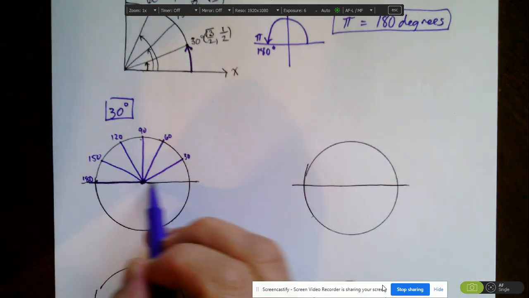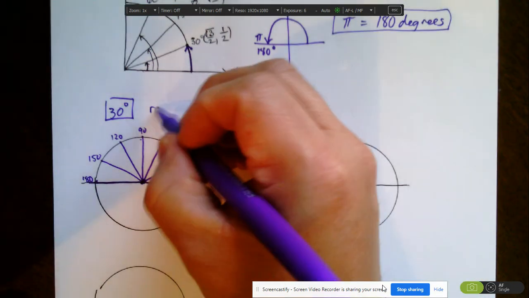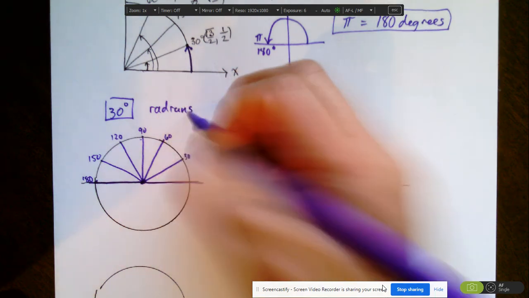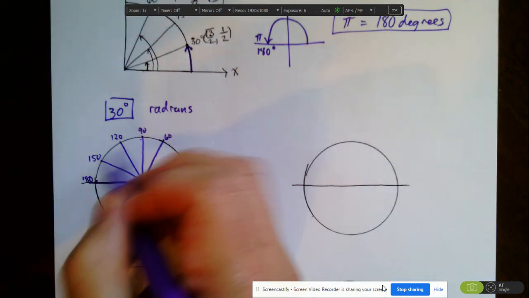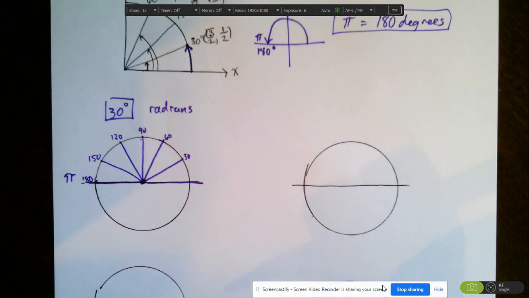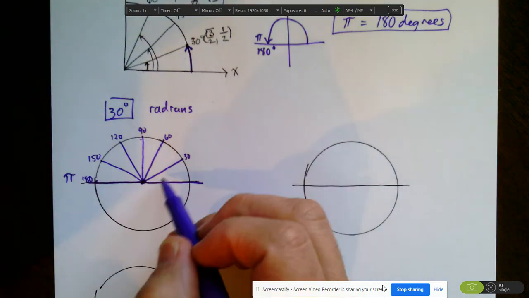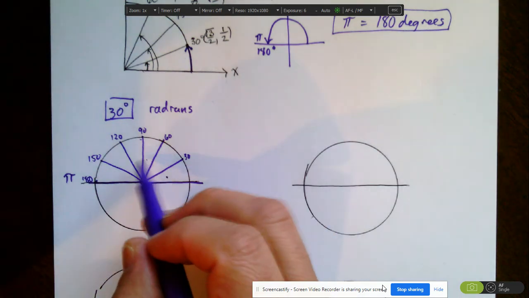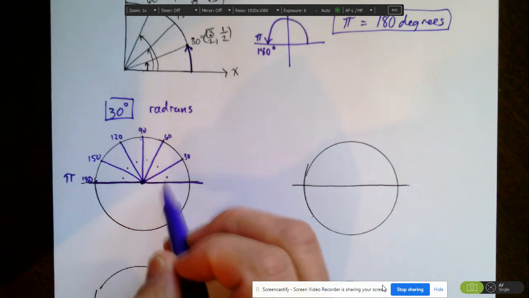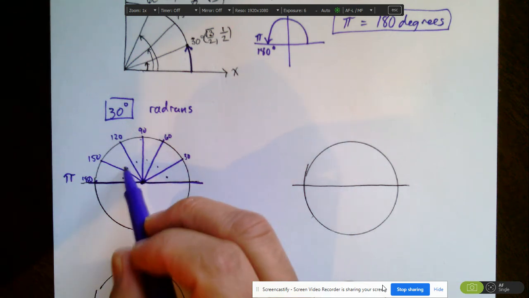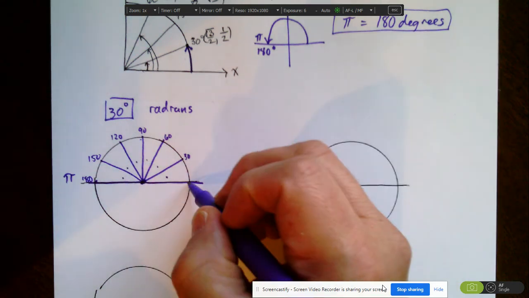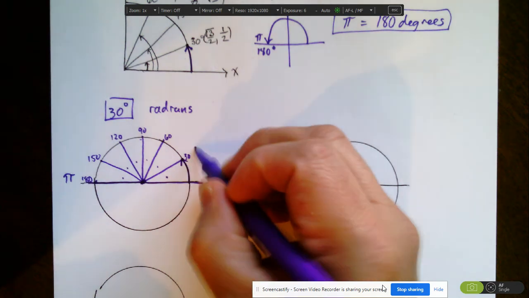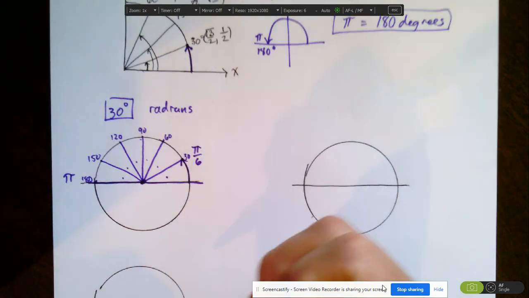But we want to talk about radians today. So radians, think about this. From here to here is pi. So we have to think about how many pieces we are splitting pi into. And if you count them, it's 1, 2, 3, 4, 5, 6. So each one of these distances is pi over 6.